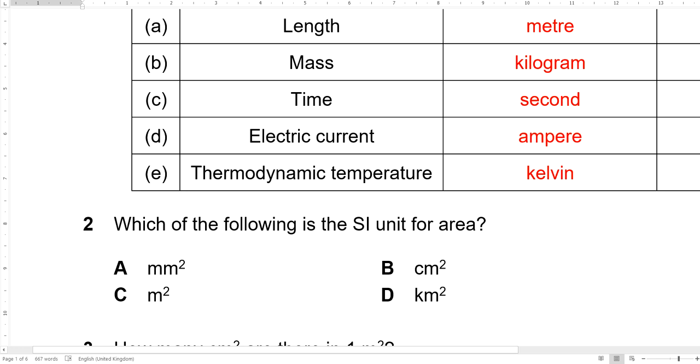Let me just put out some examples. For triangle, what is the formula that you have learned? Half times base times height. What about for circle? Pi times r times r, right?